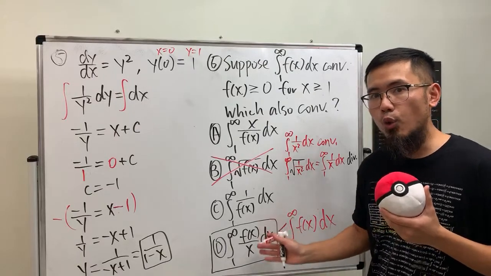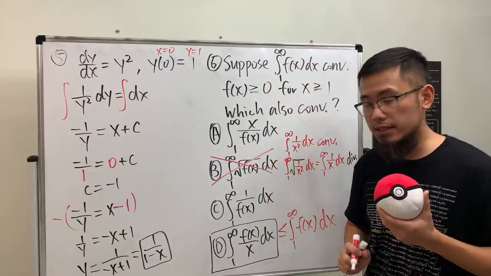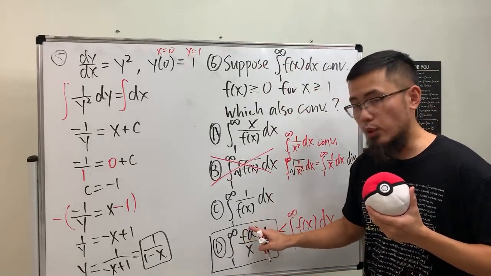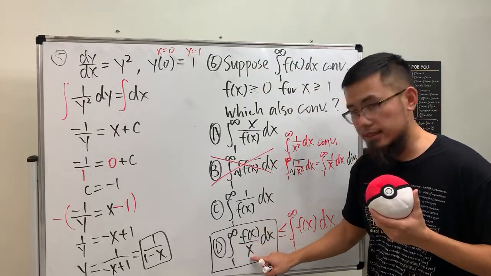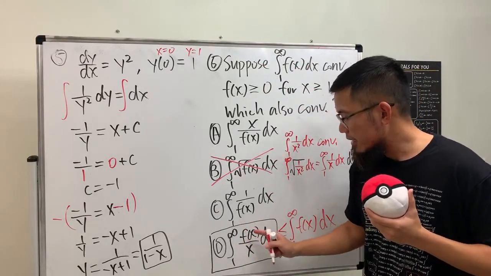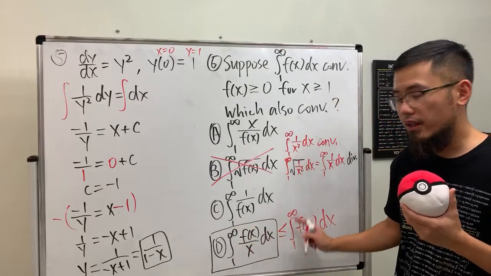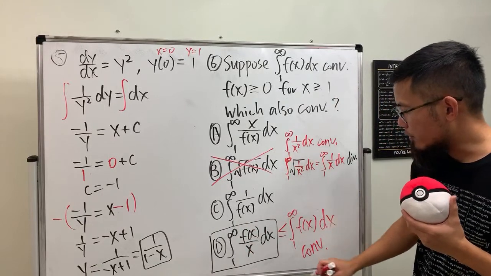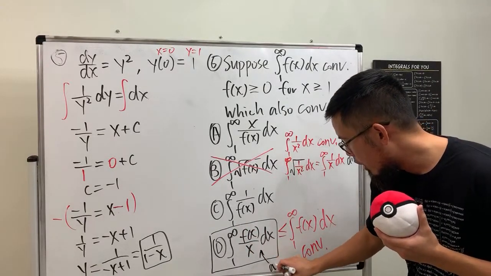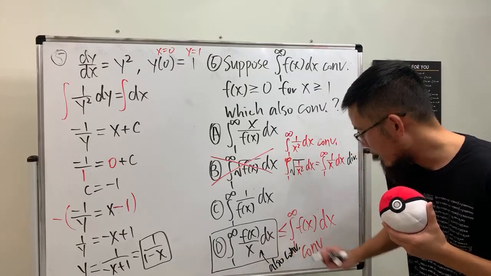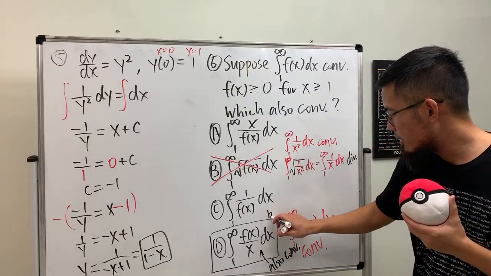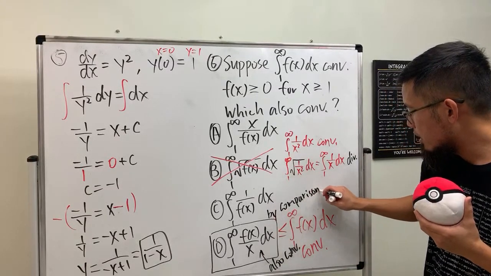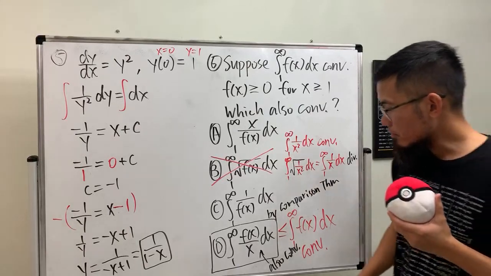This is always true with all these conditions, because you have f of x and you are dividing by x, which makes the function inside smaller than the original function. Therefore, by the comparison theorem, since this converges, this also converges. So that's how you can do it.